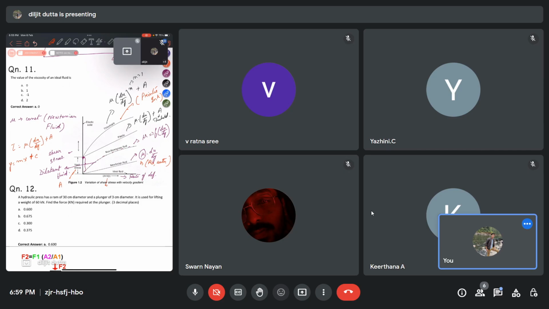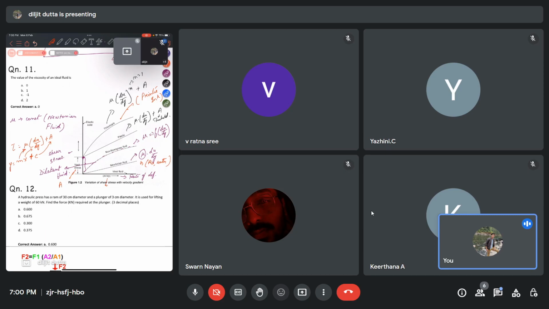M is the slope, x is whatever is on the x-axis, and c is the intercept. So in this case, in place of c we are taking A, x is du by dy, and the slope is given by mu, that is the dynamic viscosity.